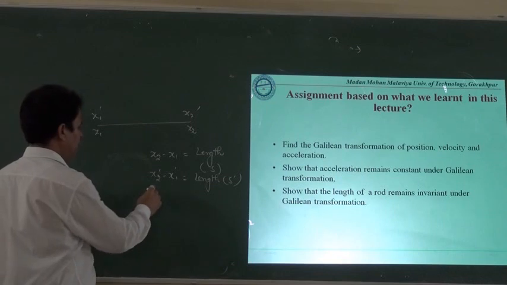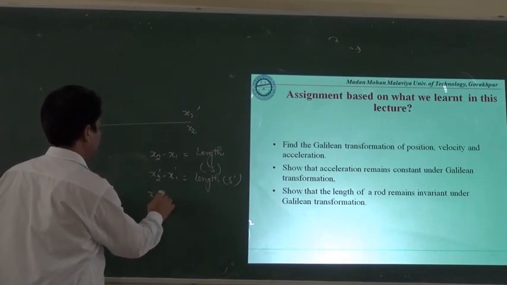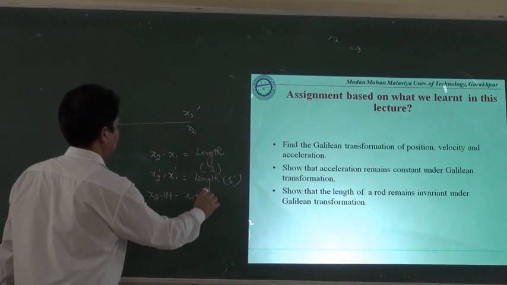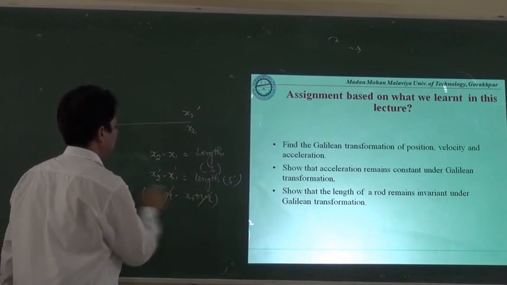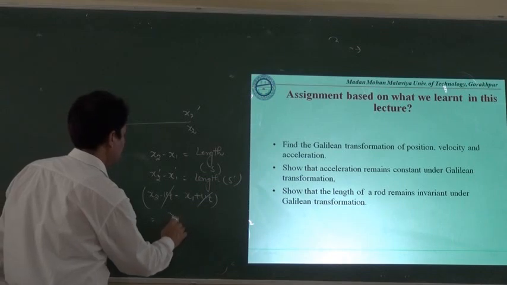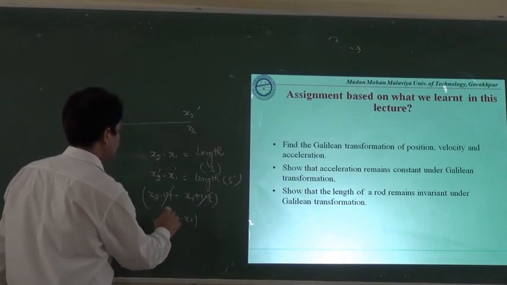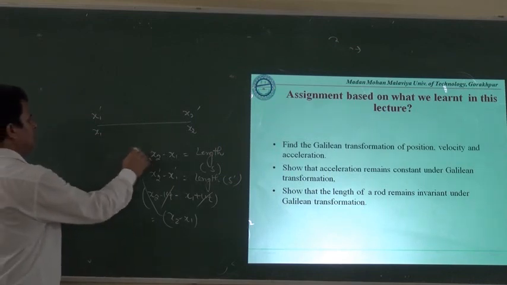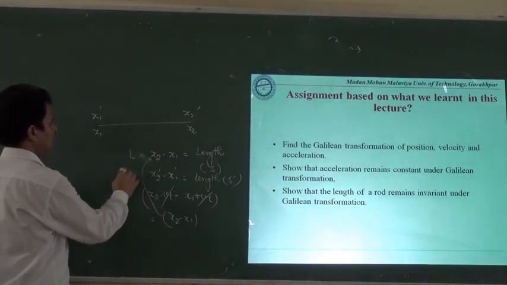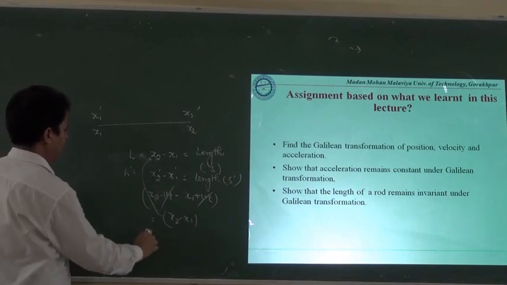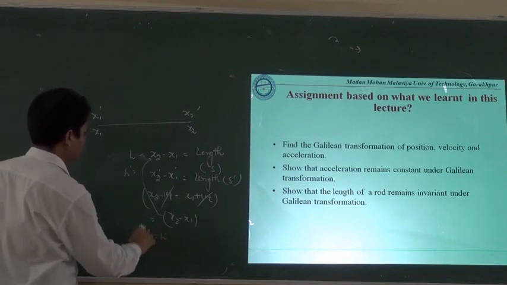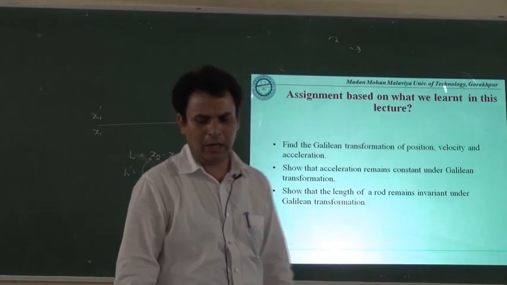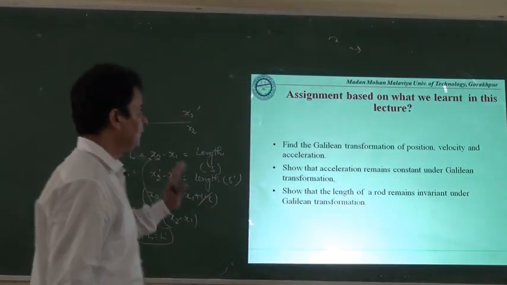By putting in the values, x2 minus vt minus x1 plus vt, these two cancel out, and this is equal to x2 minus x1. This is exactly the same as what we observed here. If we say this is L and this is L dash, then L is equal to L dash. This shows that the length of a rod remains invariant under the Galilean transformation equation.